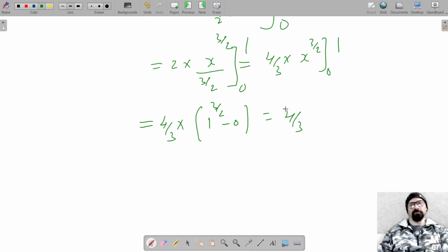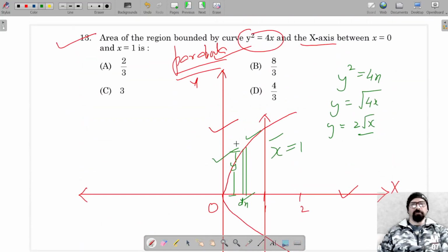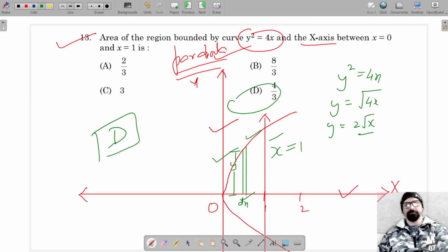So actually this is 4 by 3 square units, the area of the required region. And 4 by 3 square units means that D is the correct option here. So the answer is D.